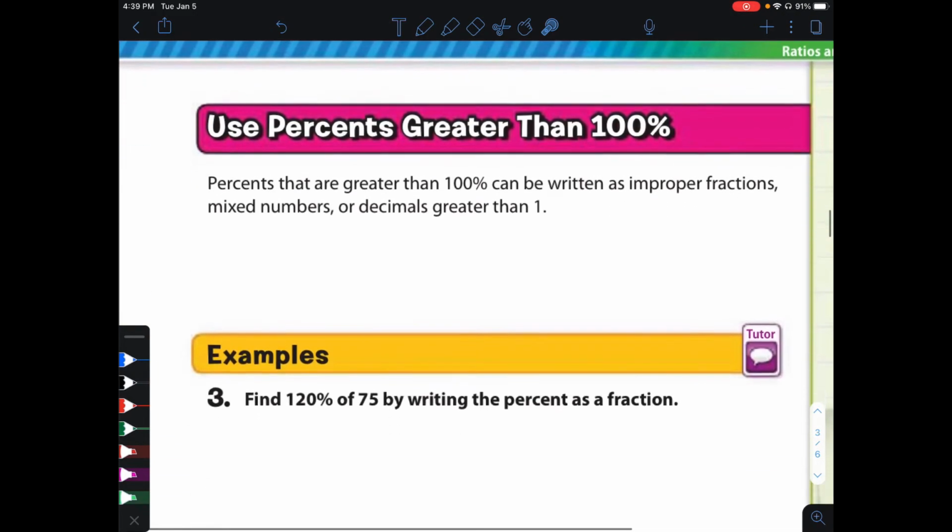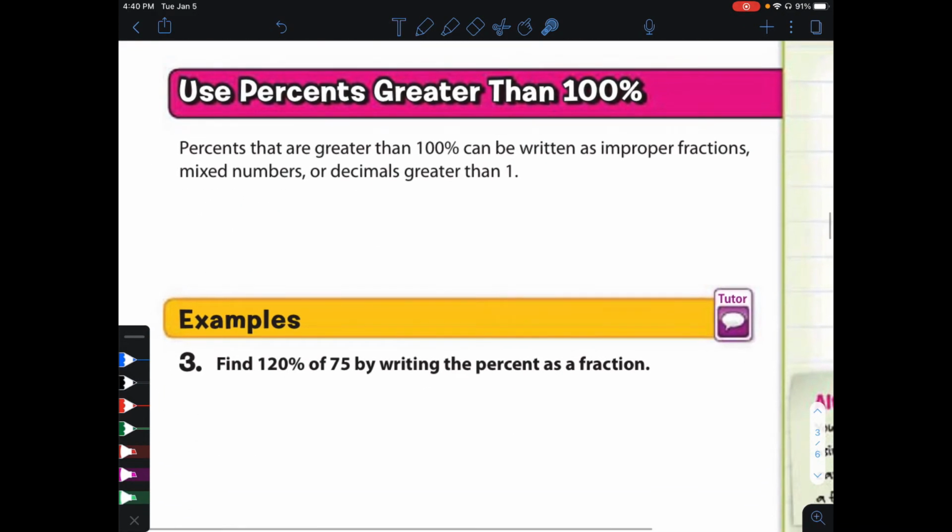Let's take a look at example number 3, but before we do that, we are going to our second objective, use percents greater than 100%. Percents that are greater than 100% can be written as improper fractions, mixed numbers, or decimals greater than 1. An improper fraction is when your numerator is greater than your denominator.